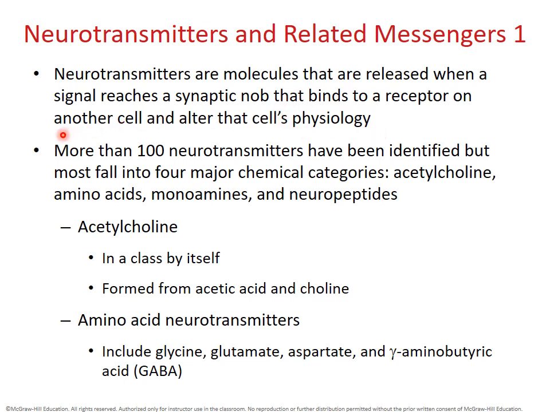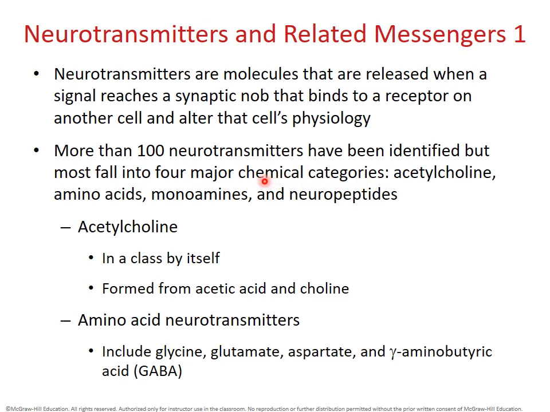As I've mentioned, acetylcholine is not the only neurotransmitter, though it's the only one we've really talked about much this semester. But you'll notice here, more than 100 different chemicals have been identified as having neurotransmitter function. So a wide variety of chemicals have been identified as neurotransmitters in the body. Fortunately, most of those neurotransmitters fall into four major chemical categories.